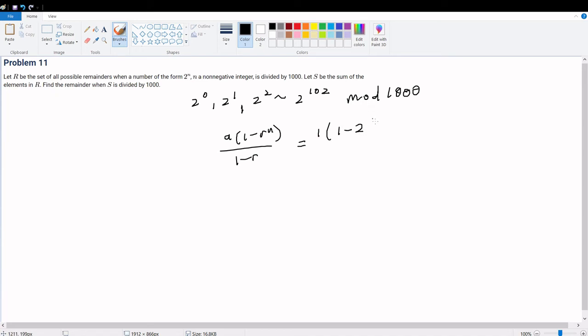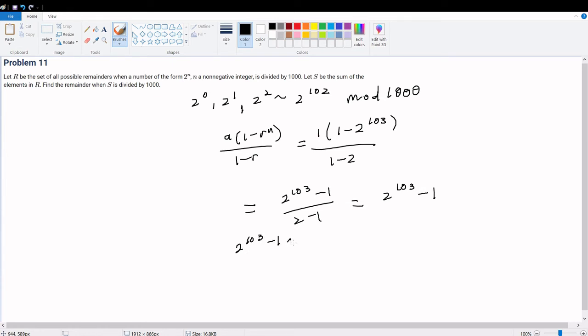There are 103 terms, careful for this, because it's 102 minus 0 plus 1. And then it's over 1 minus 2. I'm just going to flip negative signs, so this is 2 to the 103 minus 1 over 2 minus 1, which is just 2 to the 103 minus 1. Alright, and now it is our goal to try to find 2 to the 103 minus 1 mod 1000.